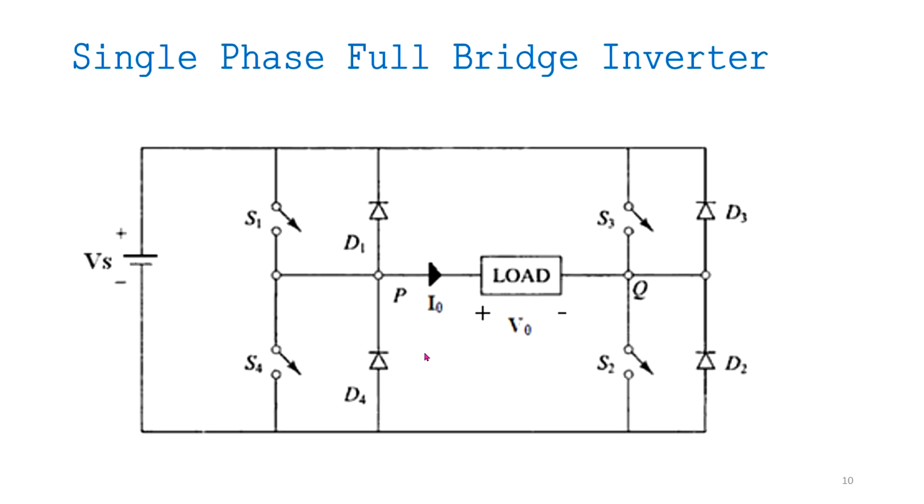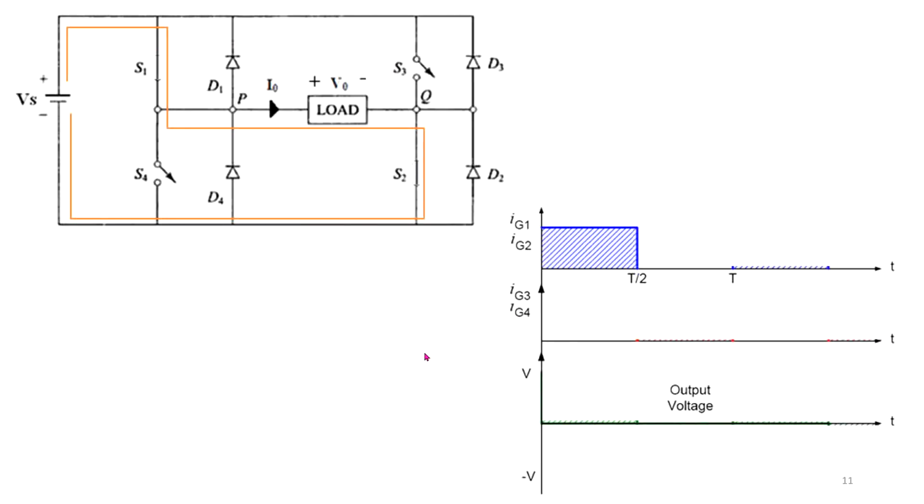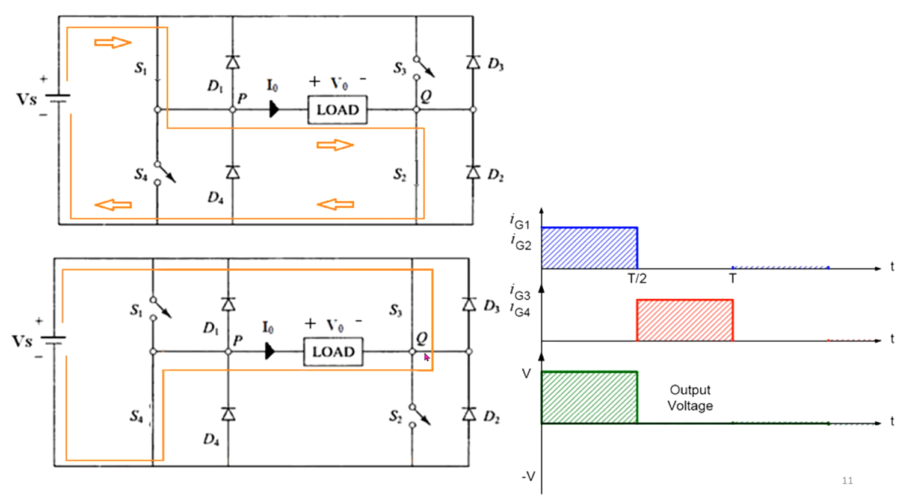And in the case of the full bridge inverter, you are involved with four switches, and at one time two switches are operating. You can see that this is a path, and here is the current through switch 1 and 2, and here is the voltage across the output. Similarly, for the next cycle, this is the current through switch 3 and 4. However, the voltage across the output is inverted based on the direction of the current through the load.